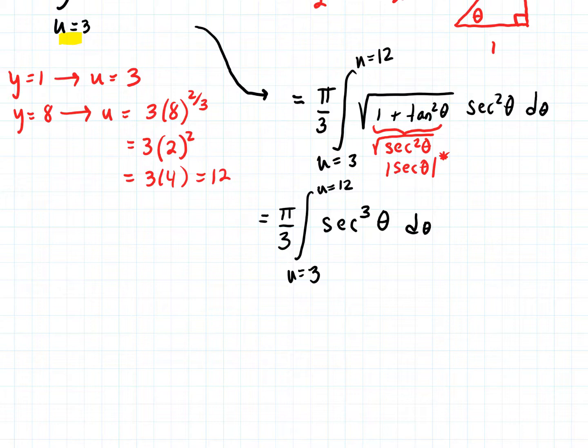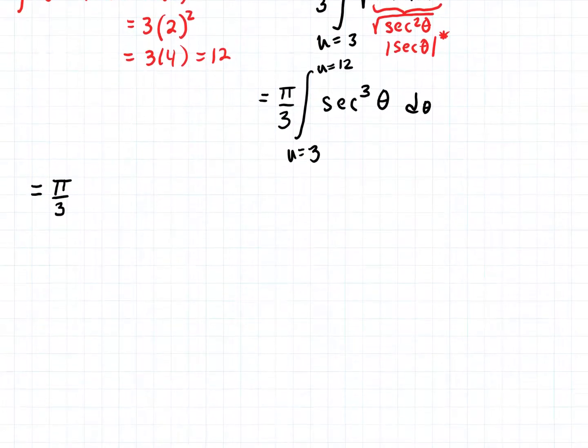Okay, so bringing that all the way over here, because I want to write out my secant cubed formula. Again, we've proved that, and we've utilized this secant cubed quite a bit.